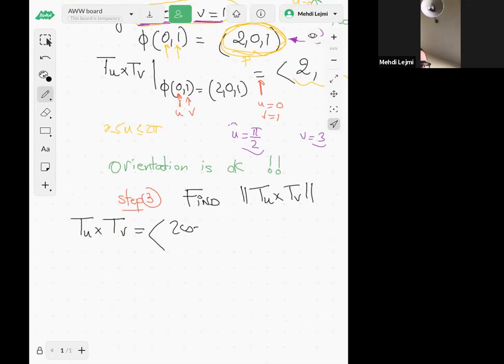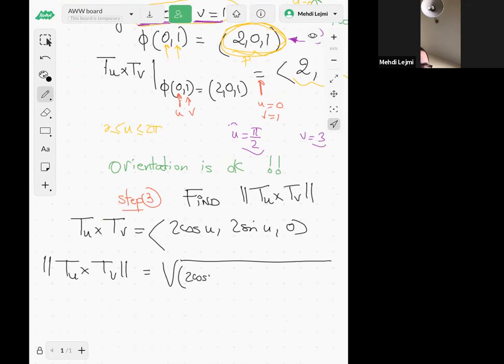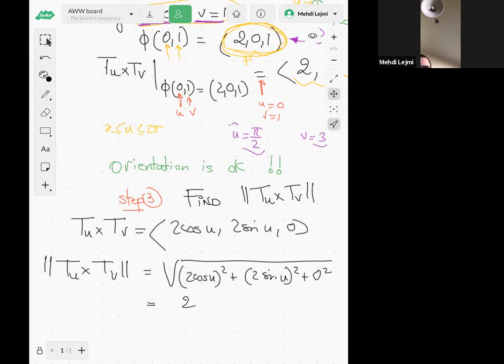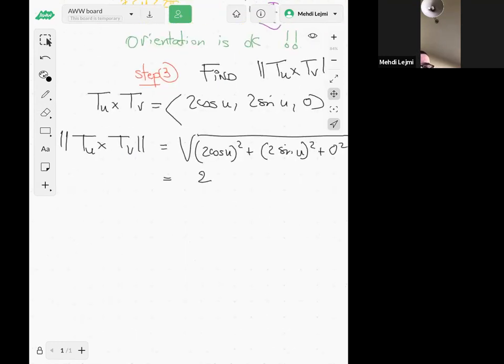So for the norm, you take the square root of the sum of the squares: the square root of (2 cosine u) squared plus (2 sine u) squared plus 0 squared. Then with the trig identity, this is equal to 2. That's the norm of my normal vector.